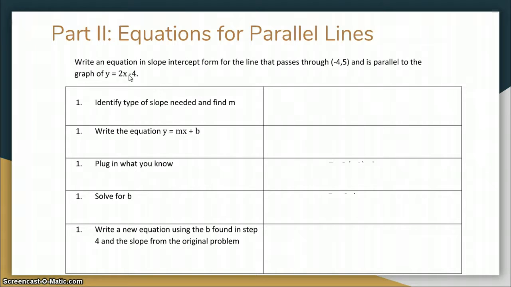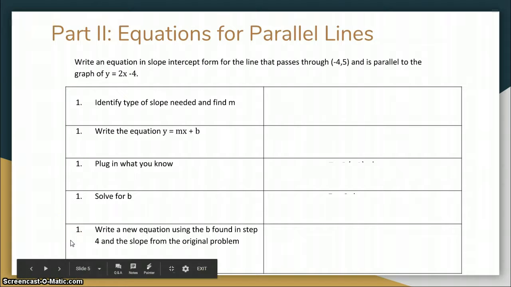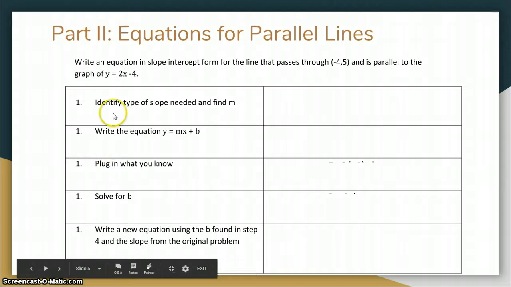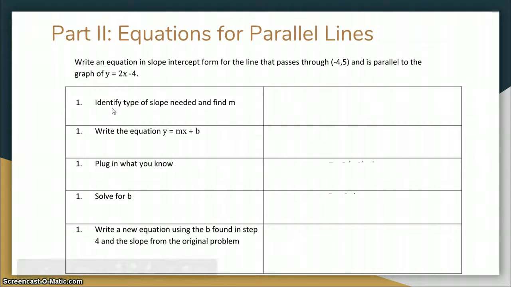They'll be parallel. Now, first and foremost, ignore all these numbers on the screen. On your paper, they should be the correct numbers. Please excuse that little technical difficulty. The first step tells us to identify the slope needed and find the m that goes with our new line.